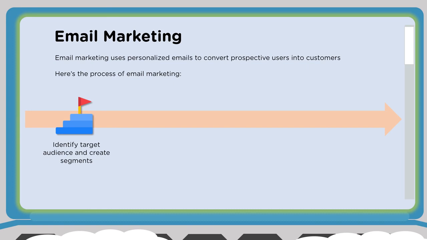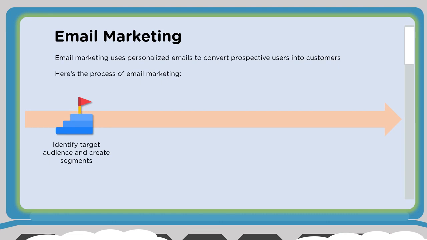So email marketing really is used to personalize emails in order to convert that recipient or prospective user into a customer. And like all the other digital marketing channels, we want to follow some type of flow or process or methodology. The first step in email marketing is you have to identify your target audience.